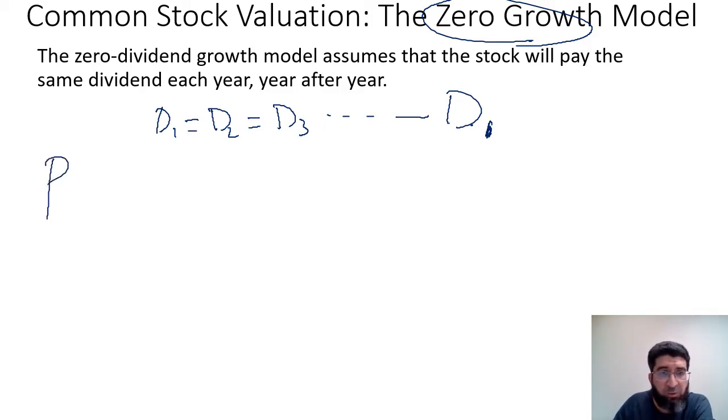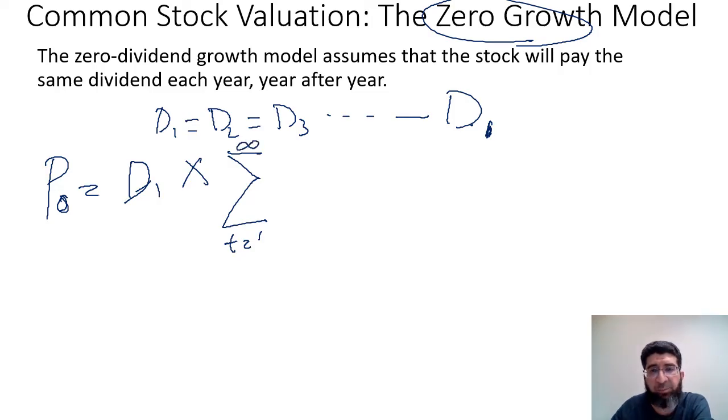So it comes out that P naught will be equal to D1 multiplied by the summation from t equals 1 up to n or infinity, because dividends can be paid forever, as a stock exists until the company is bankrupt. So this infinity stays there, and dividends can be given forever as long as the firm exists.